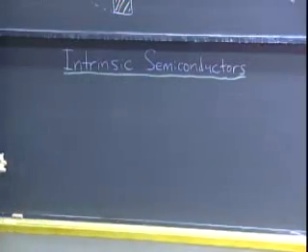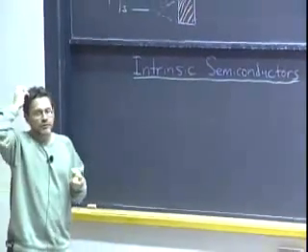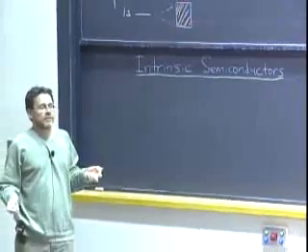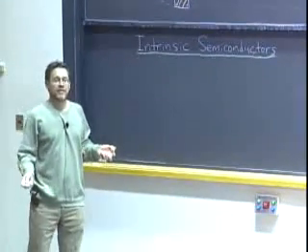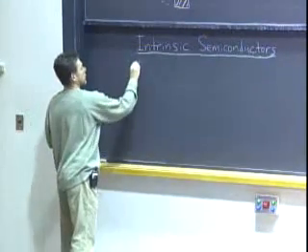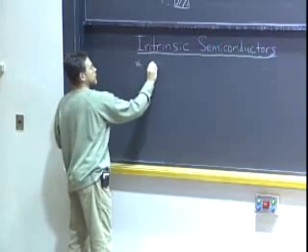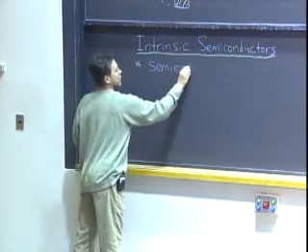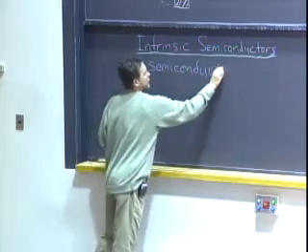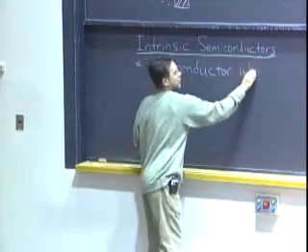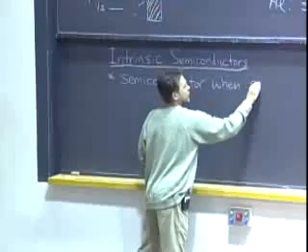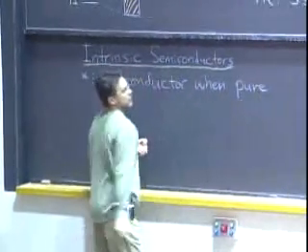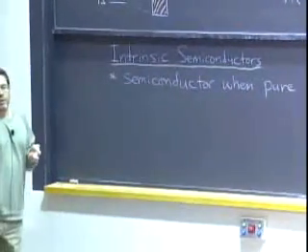If a semiconductor material is an intrinsic semiconductor, that means that it's a semiconductor in its pure state. Okay, and why would we make that reference?